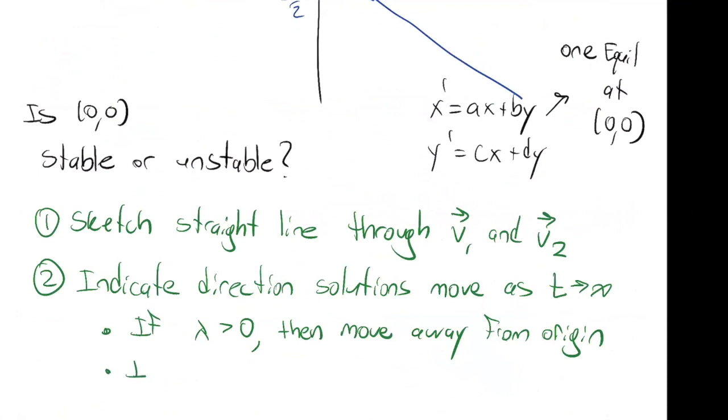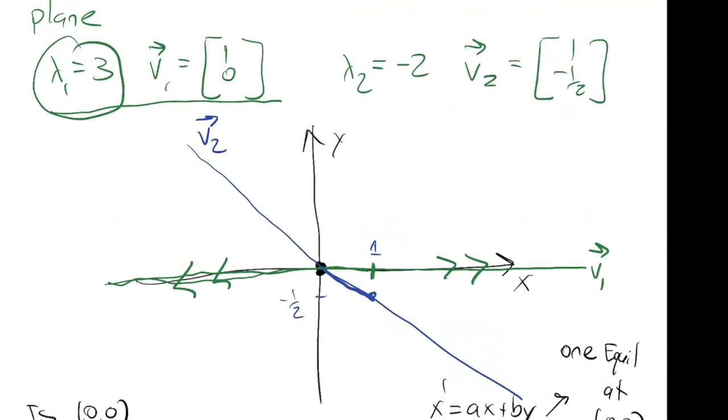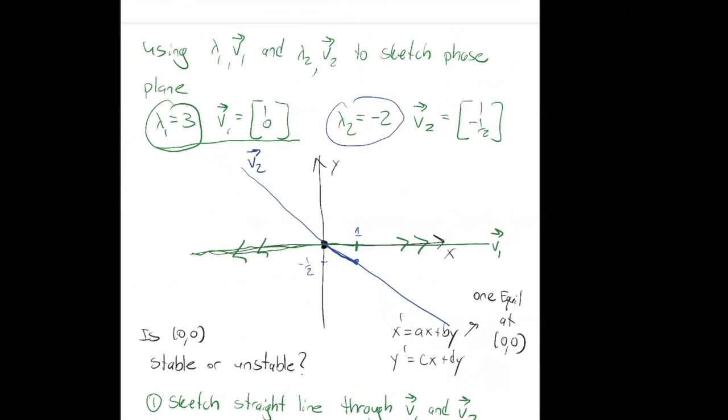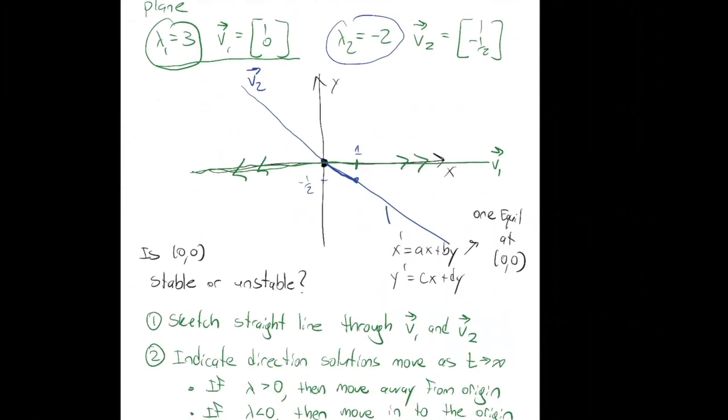And if lambda is less than 0, then we are going to move in to the origin. And that would be the case with this one right here, since that one is negative, these are going to move in.